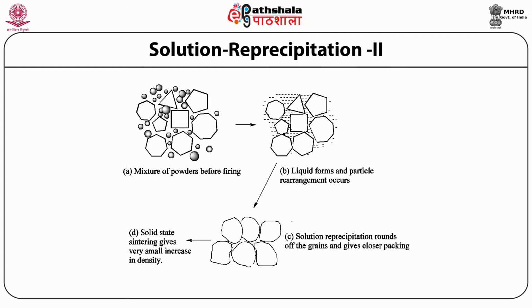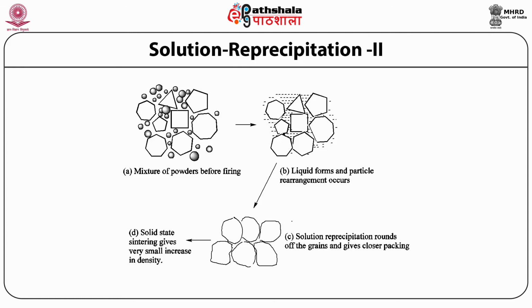The solid phase always has a finite solubility in the liquid phase, and the sharp corners and edges of the particle dissolve in the liquid to a large extent due to chemical potential differences. The solid is transported through the liquid from the sharp corners to less sharp corners near the same and other particles.